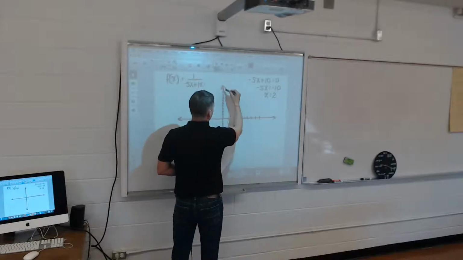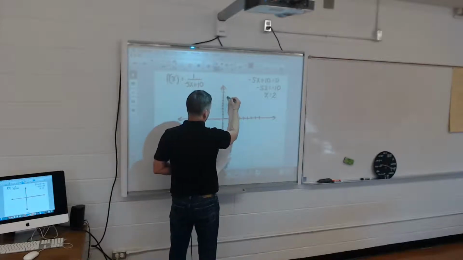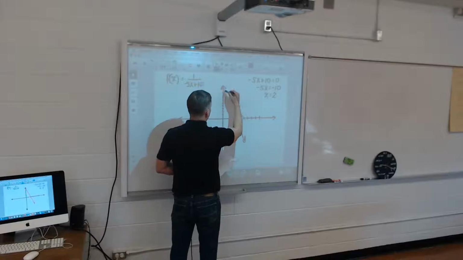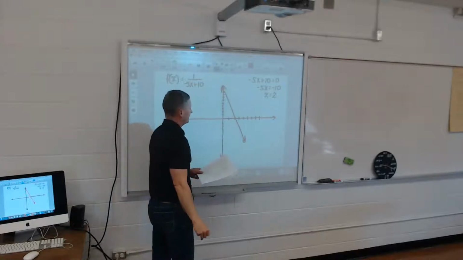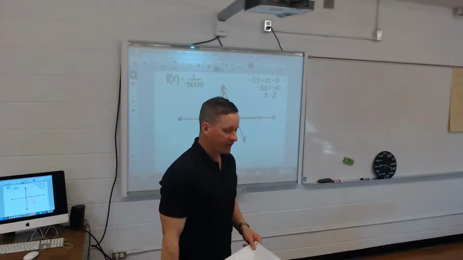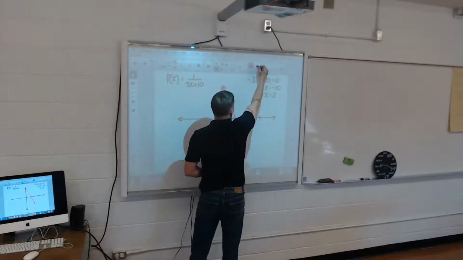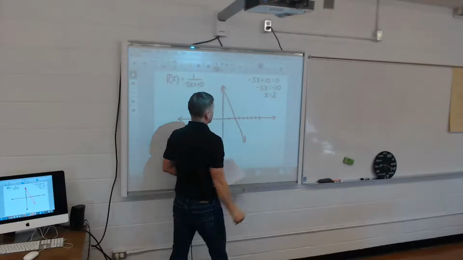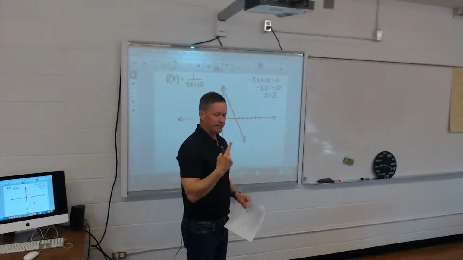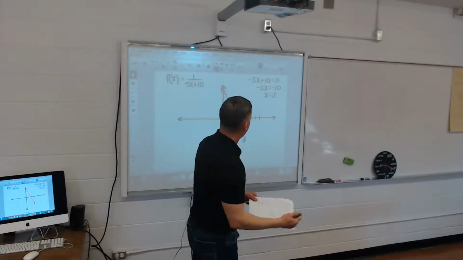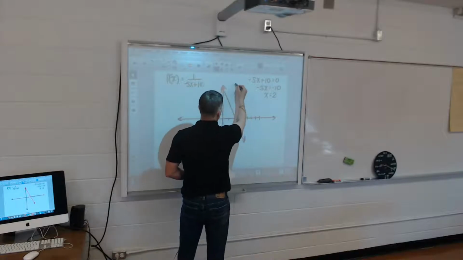And this would be my line here. So there's my original graph of y equals minus 5x plus 10. Now what I need to do is mark in my asymptote and then my invariant points. So my asymptote occurs like this.